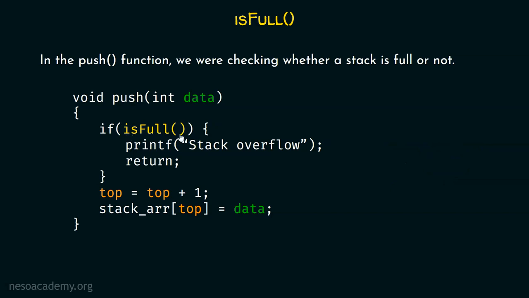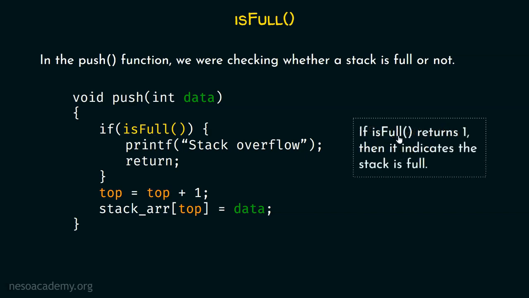If this gets replaced by 1, then it simply means that the stack is full. If it is replaced by 0, then this means that the stack is not full. isFull will either return 1 or 0. If isFull returns 1, it indicates that the stack is full, and 1 means true, which means the condition is satisfied and we'll get inside, that is, we'll print the message stack overflow on the screen.